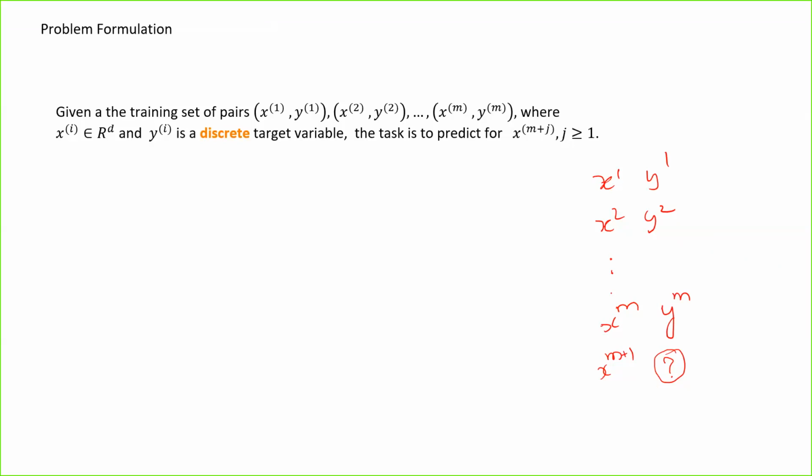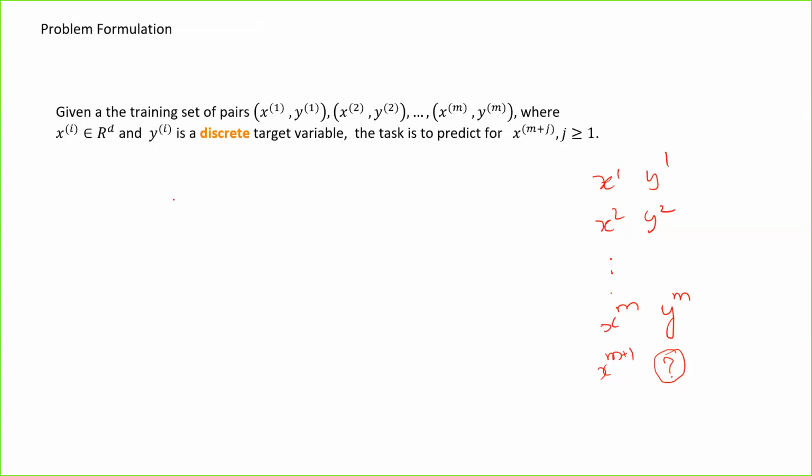Let us take an example and try to understand this. I am taking an example of whether a person buys a computer or not. This is the target variable that I'm interested in predicting. If a person buys a computer, the output is 1. If the person doesn't buy a computer, the output is 0. It is a two-class classification problem.